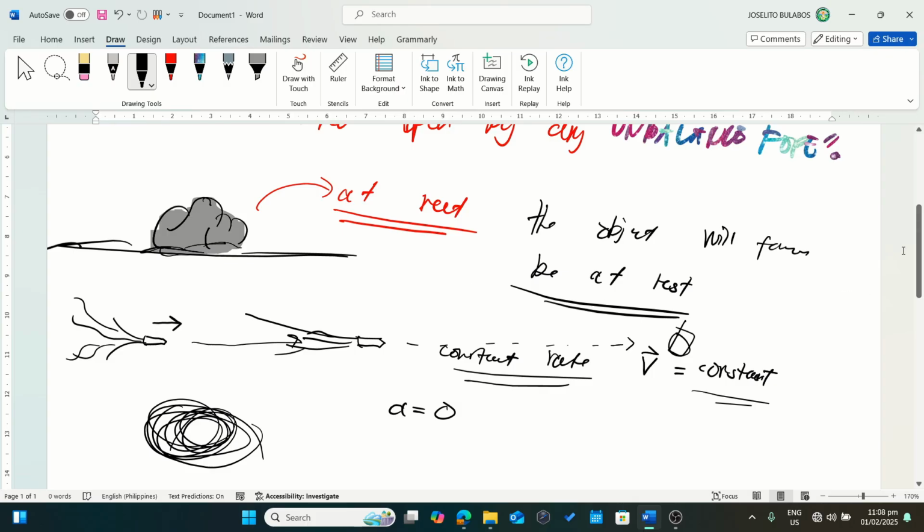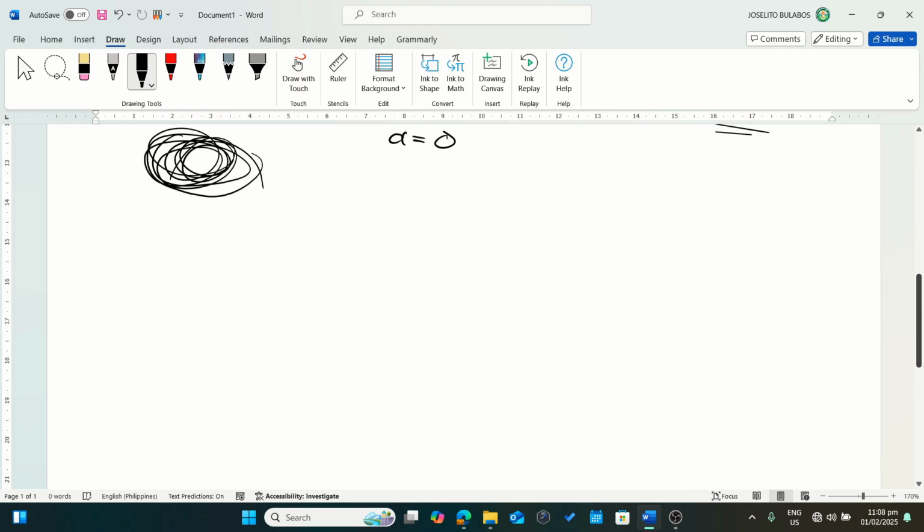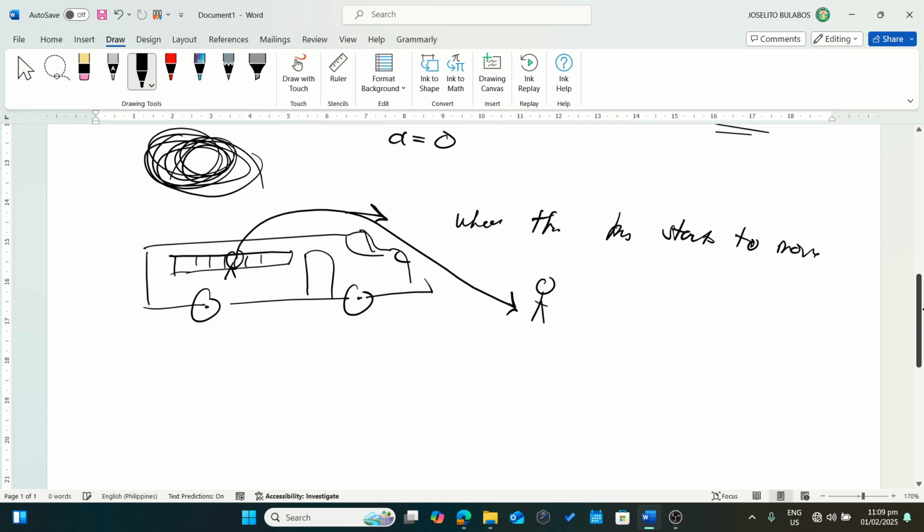Now, I know that you're familiar with this one. You would notice that when you are riding a bus, suppose we have here a passenger bus, when the bus starts to move, the passengers in the bus will tend to move backward.